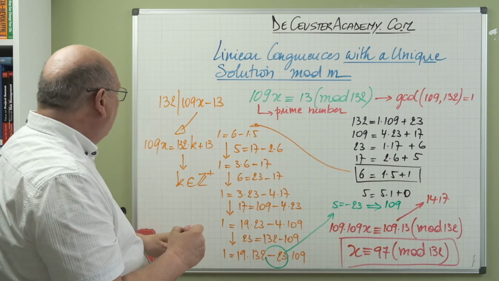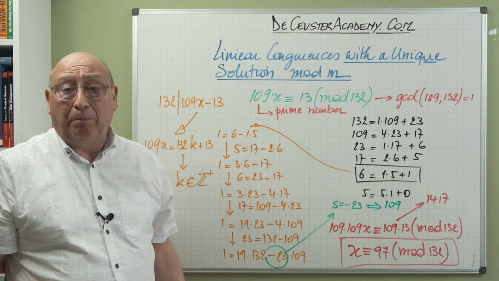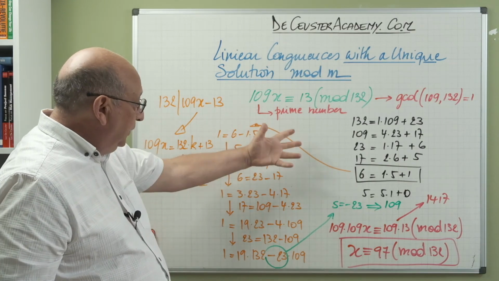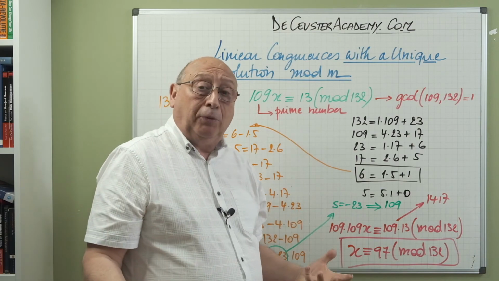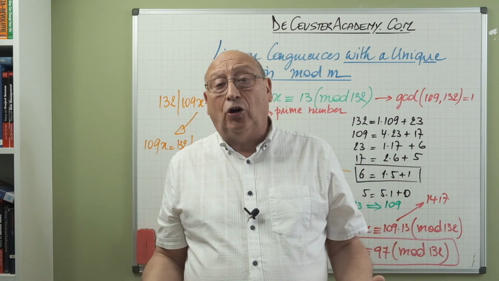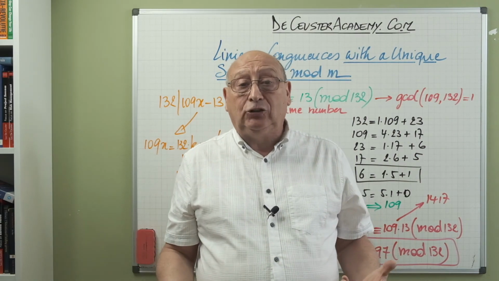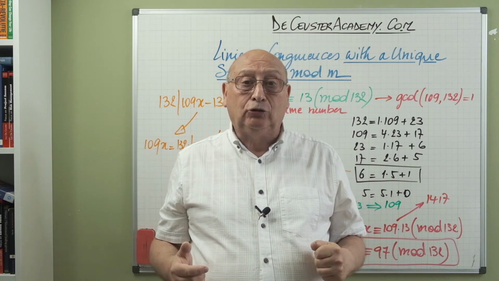So we could find the value for x that complies with this equation. But we use the Bezout coefficients. We have different ways to do it. The most important thing is that you know how to find that this linear congruence has a unique solution, modulus 132, and that's what I wanted to show you.